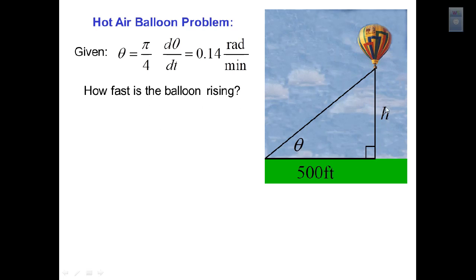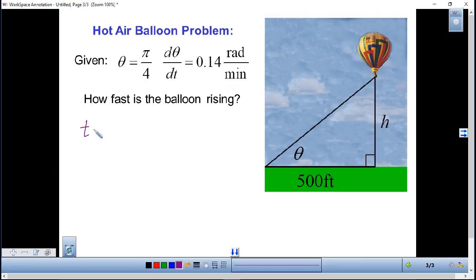Alright, so we're relating the opposite and the adjacent. So that means we're dealing with the tangent. So the tangent of theta is equal to h over 500, which you could also think of as 1 over 500 times h. Now we want to take the derivative of both sides.